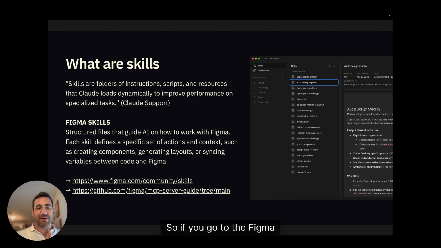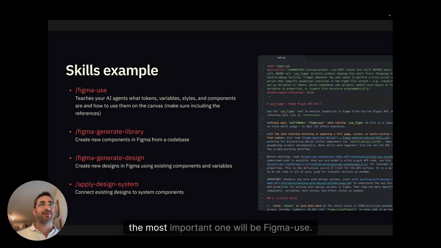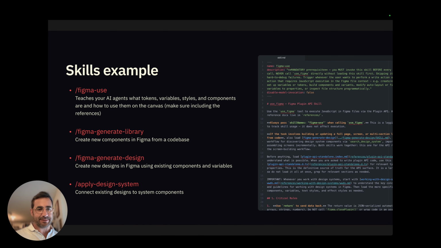If you go to the Figma community skills page, you're going to find all the necessary skills. The most important one will be Figma use. This will again teach the AI what tokens, variables, styles, components, and so on are. You're going to have other ones, like generate library if you want to create new components, generate design, and apply design systems.